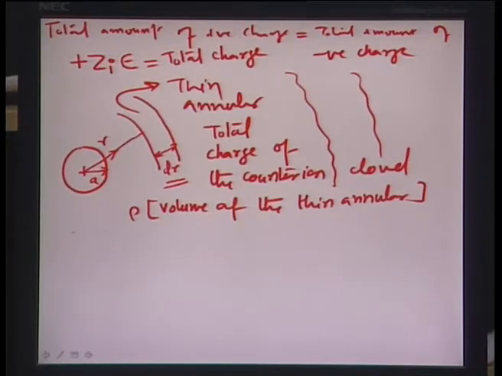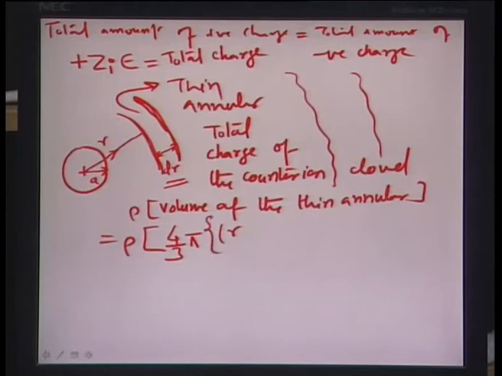So, we get this as rho times the volume, which is essentially 4 by 3 pi times (r plus dr) cube minus r cube, right.